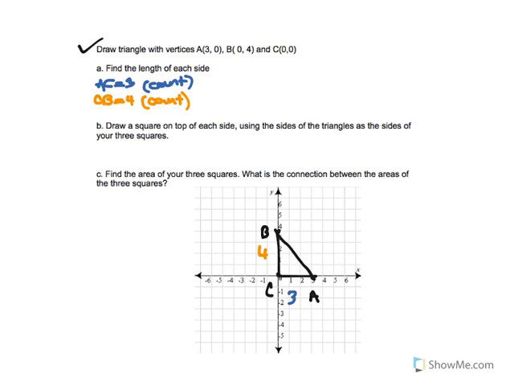And then the length from A to B, I have to use the distance formula because it's diagonal. So we have A here and B here.